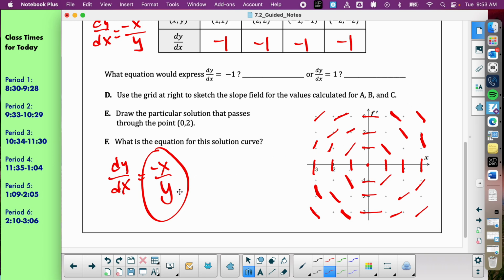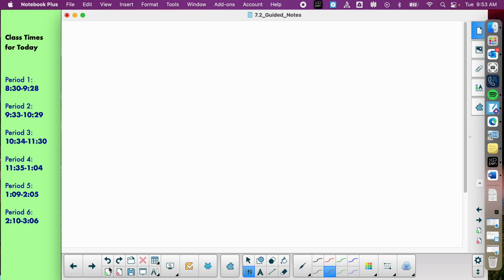If I integrate this, I would get some sort of x squared plus y squared equals a number. I feel like we're smart enough to integrate this now, right? Let me go to a new page to integrate -x over y.